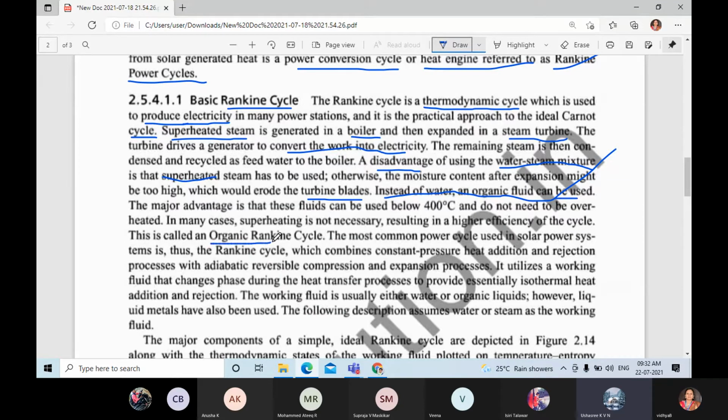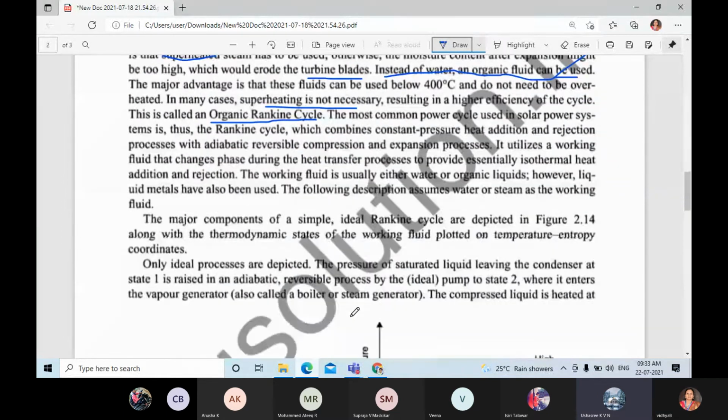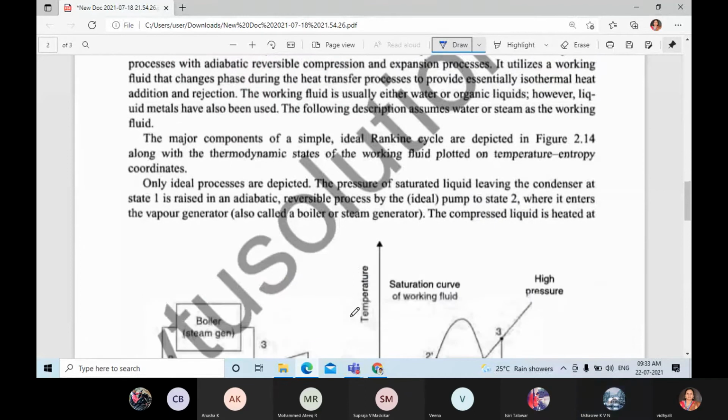The major components of the simple ideal Rankine cycle, along with thermodynamic states, working fluid plotted on thermodynamic entropy coordinates. Only ideal processes are depicted.